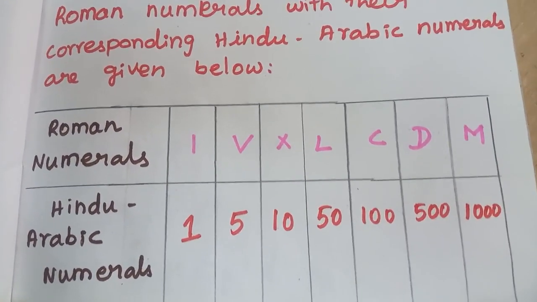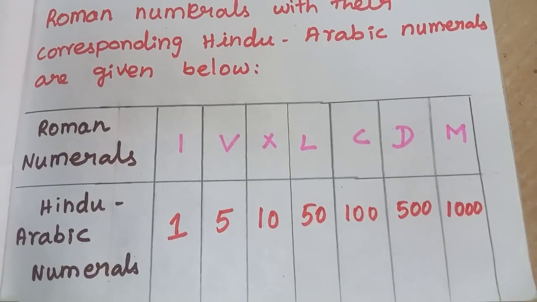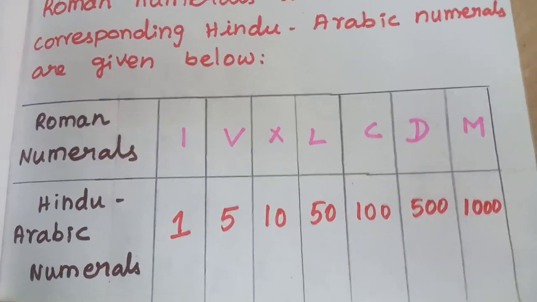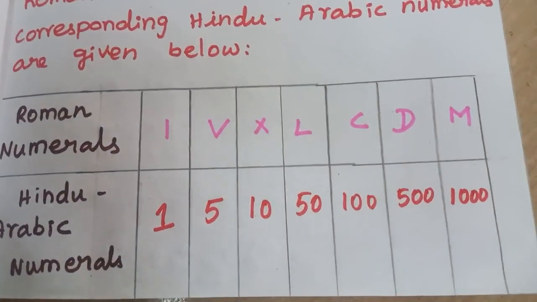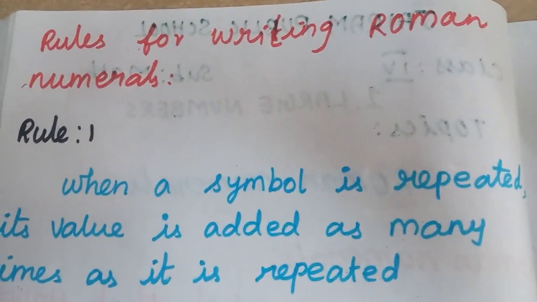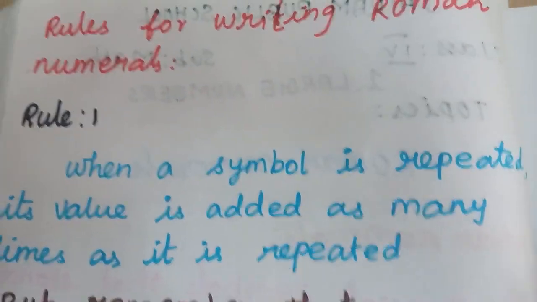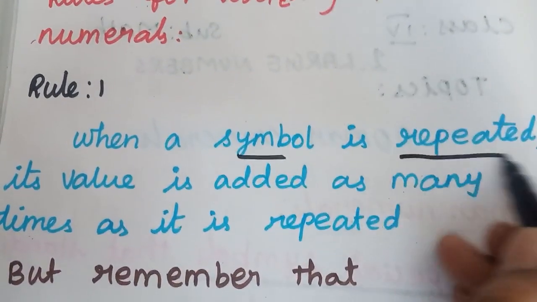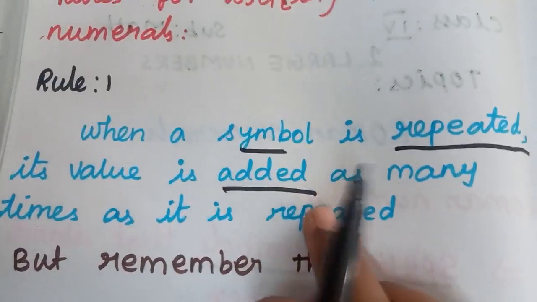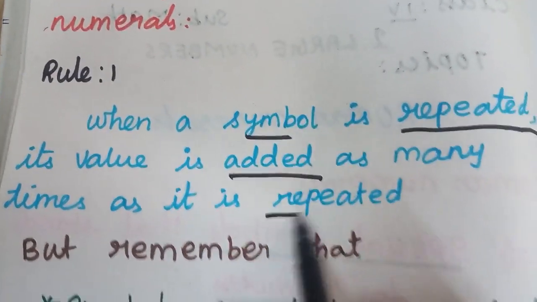Next are the rules for writing Roman numerals. First rule: when a symbol is repeated, its value is added as many times as it is repeated.